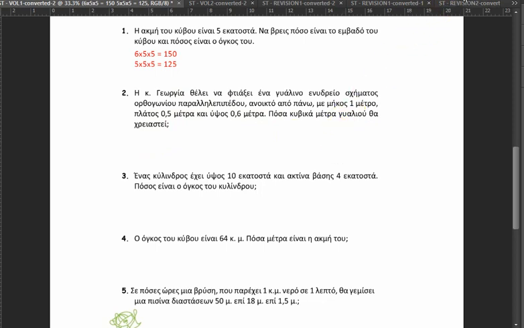So this exercise has a bit of a mistake, because here it asks for cubic meters when it should be asking for square meters, because it basically wants to know how much glass you're going to need.